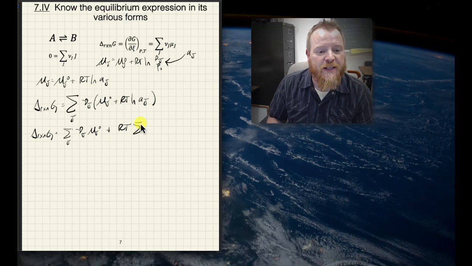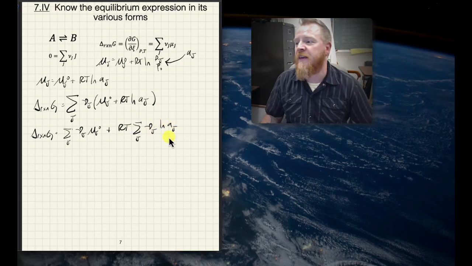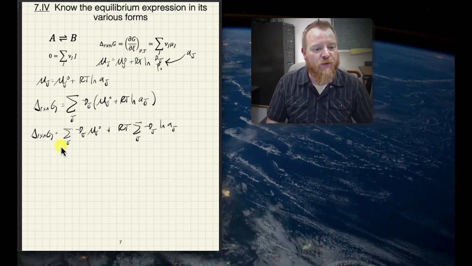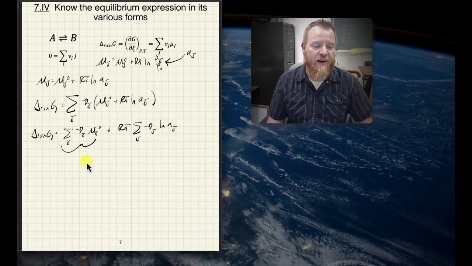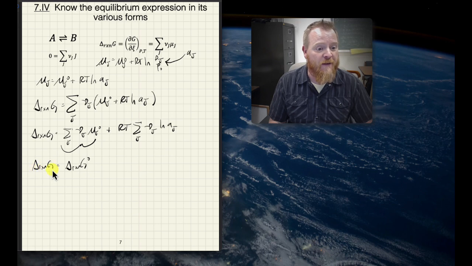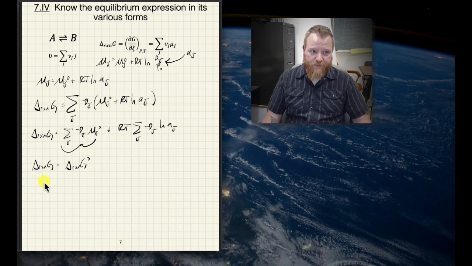So that's RT sum over all chemical species J. And now that becomes nu J times natural log of the activities. So we should recognize right away that this quantity right here is just going to give us the standard free energy of the reaction. So this is going very similarly to how we derived this before.